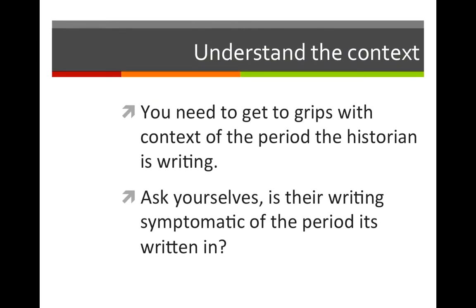And then understanding the context of the time frame is also important. Think about whether what they're writing is symptomatic of the time period they wrote in, because we know that historians go in waves of different thought. You just need to look at the Cold War to see that initially there was a strong focus on how the Soviet Union was to blame for the Cold War.